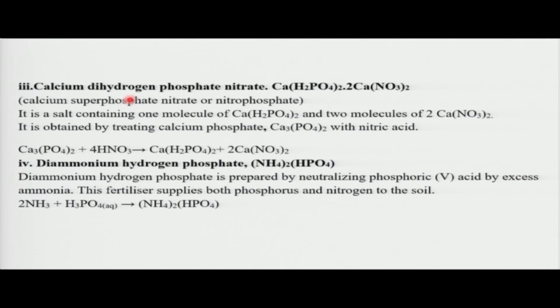Then you also have calcium dihydrogen phosphate nitrate. This is obtained from the reaction between calcium phosphate and nitric acid. This can also be called calcium superphosphate nitrate or the nitrophosphate.